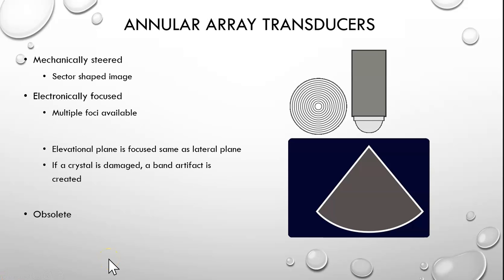Alright, so let's quickly talk about annular array probes. I said these are obsolete, but let's just discuss them, because they do tend to show up on the SPI exam. These are mechanically steered. They produce a sector-shaped image. They're electronically focused because we have multiple crystals available. All these crystals are round, and because they're round, we have both the elevational plane and the lateral resolution.